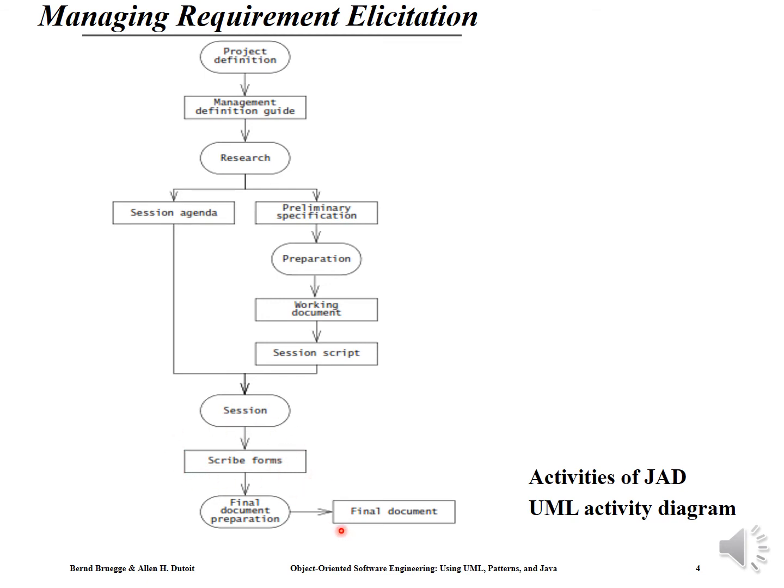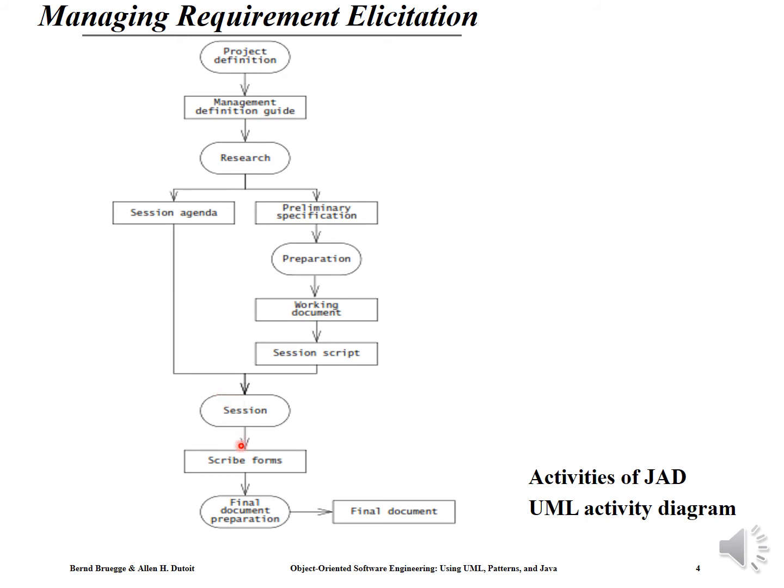Then the final document preparation activity. In this, the JAD facilitator prepares the final document, which is a revision of the working document, to include all decisions made during the session.